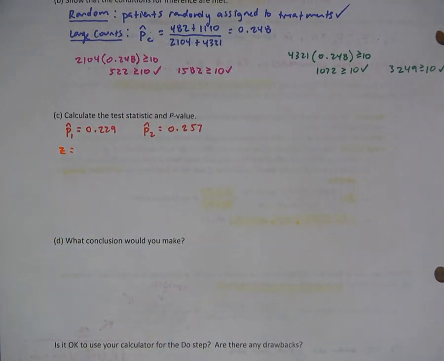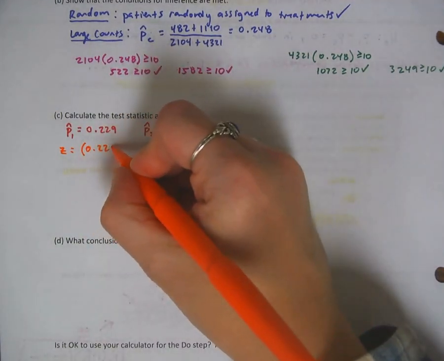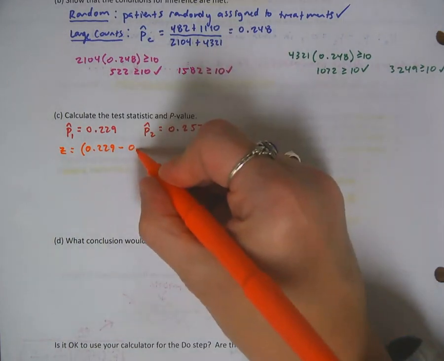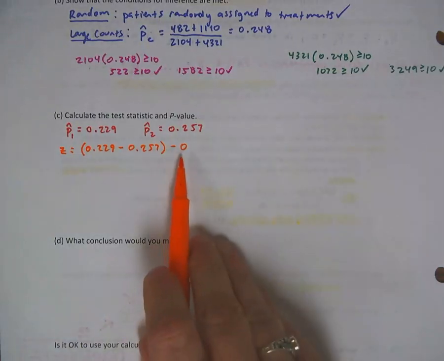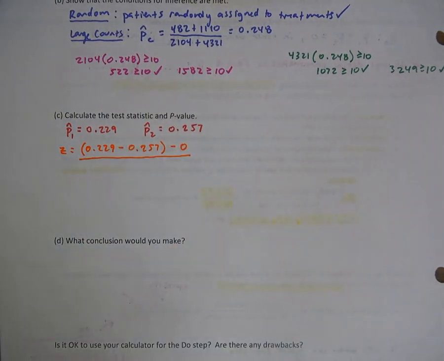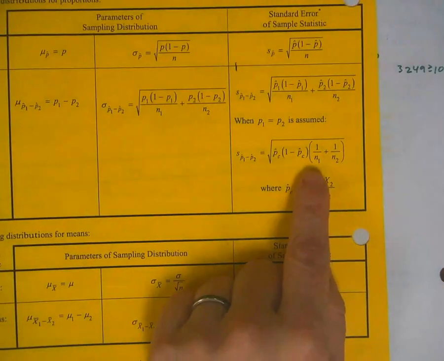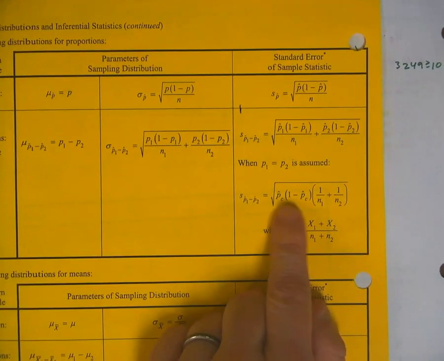Because now when we do a statistic minus parameter, our statistic is really going to be P hat 1 minus P hat 2. Subtract 0. This is from the null and the alternative hypotheses. 0. That's the parameter. We're assuming that there's no difference at all in the population proportions. All over this bad boy right here. Let's plug into the one on your formula sheet. That's the standard error when you're comparing two population proportions.